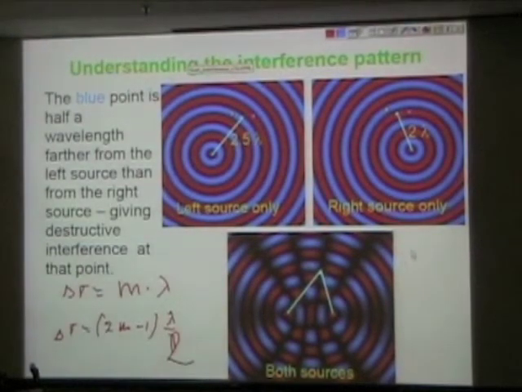So this is the case where m equals 1, and we have to use this condition. 2 times 1 is 2, 2 minus 1 is 1, that gives exactly a half of a wavelength. So that's what we call the first minimum.